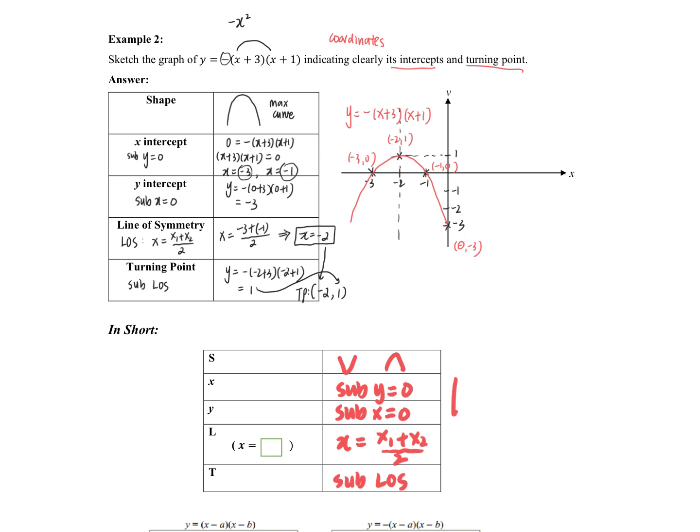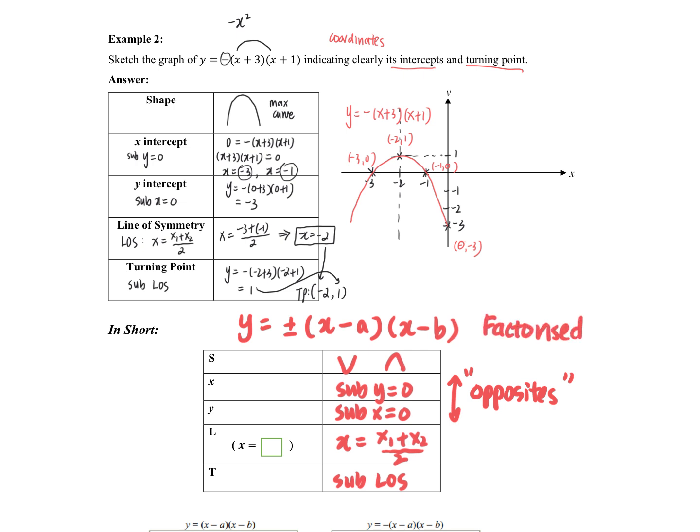So these two are the opposites. Okay, so these are the steps when your equation given are in factorized form.